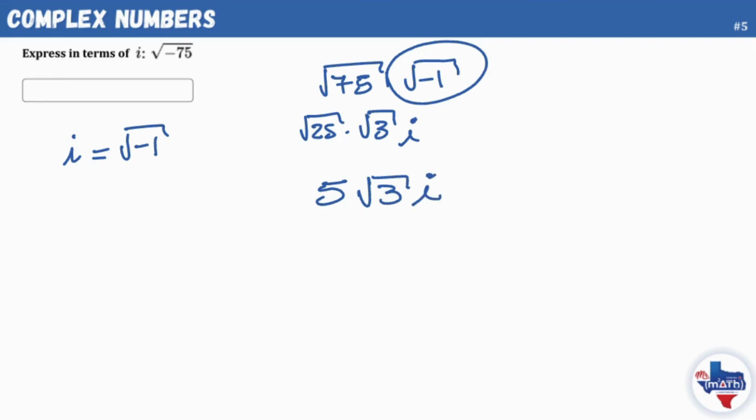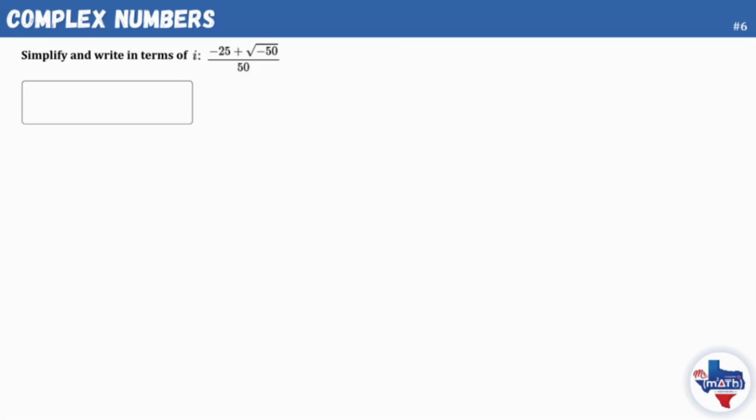Okay, let's check another problem. Okay, now we have the expression (-25 plus root of -50) over 50. One of the strategies that we could take here is having -25 plus the root of 50 times the root of -1, over 50.